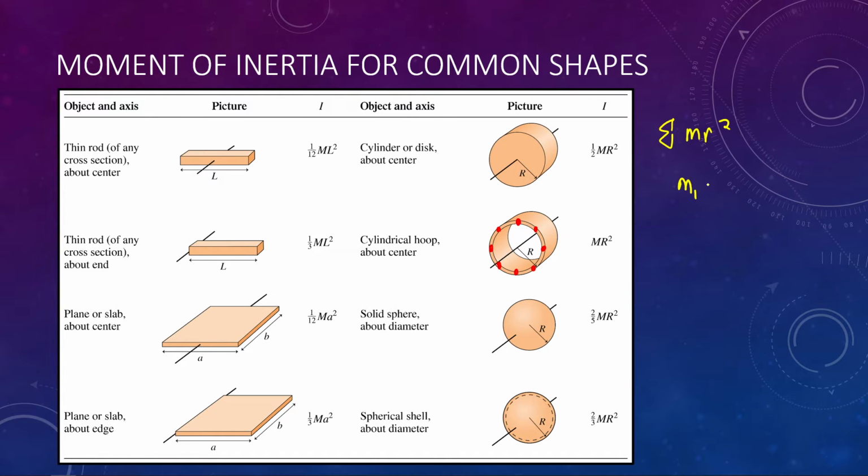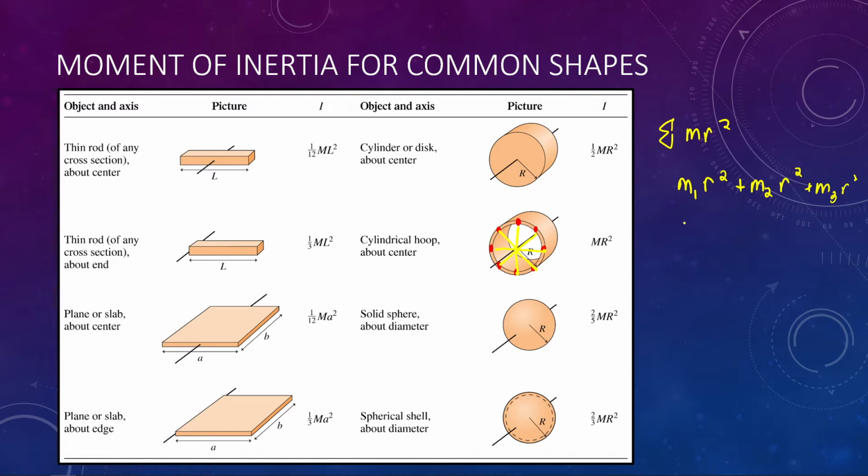So we'll say mass 1 times a distance r away. But the distance of each of these particles is the same distance. They're all the same radius away, so you don't need a subscript on the r. So you'd have m1 r squared plus m2 r squared plus m3 r squared, and so on.